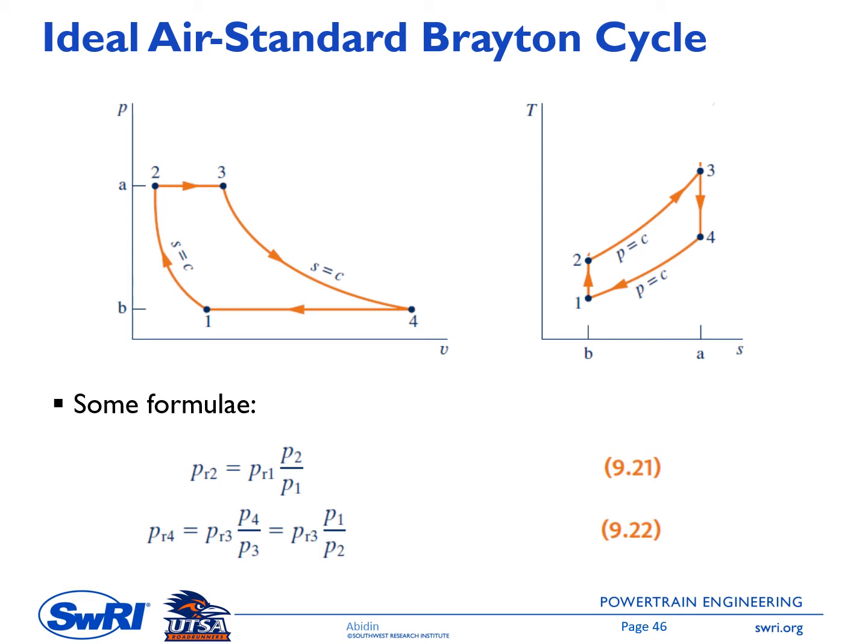This is the correlation between the pressure ratio and the PR ratio between point 2 and point 1, inside the compressor. Or equation 9.22. This is the process inside the turbine.